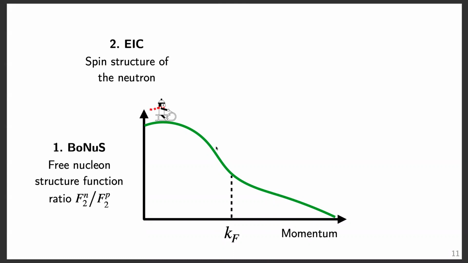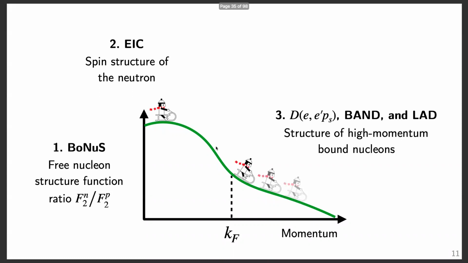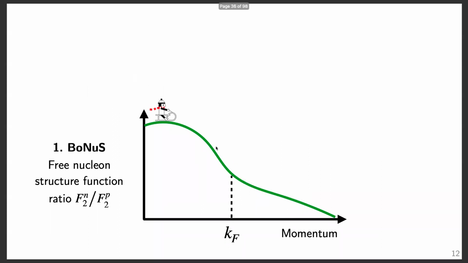Then I'll talk about how you can get the spin structure of the neutron with tag DIS at the EIC. Then, moving up above the Fermi momentum, I'll talk about 3 experiments, deep span and LAD, that attempt to study the structure of high momentum bound nucleons. So let's start with BONUS.